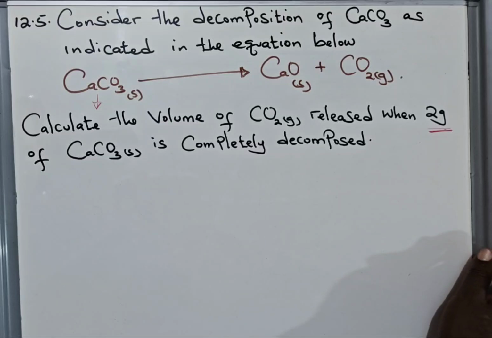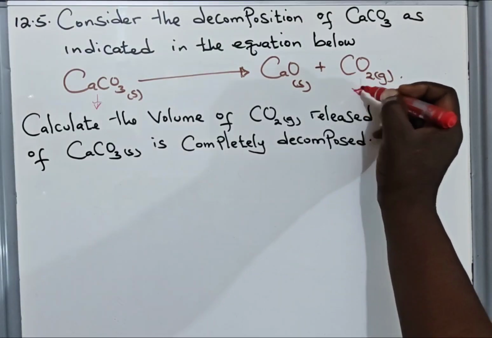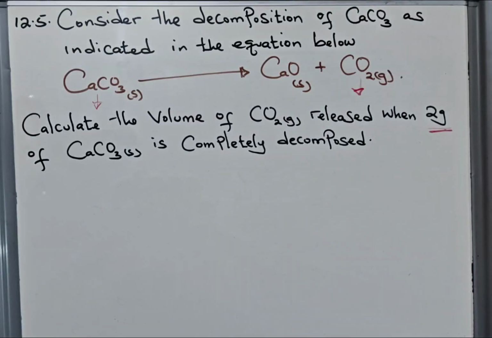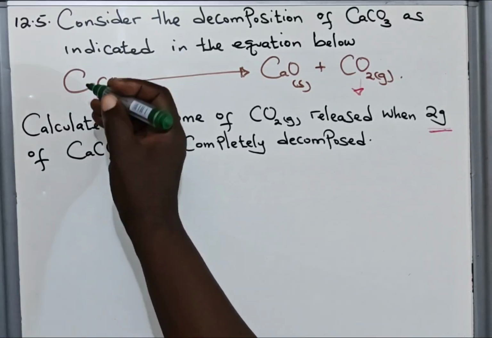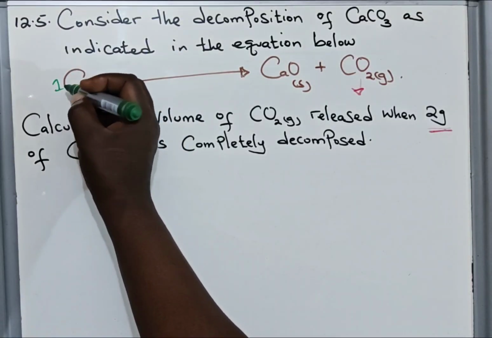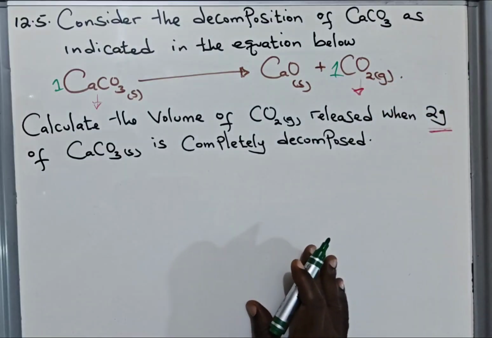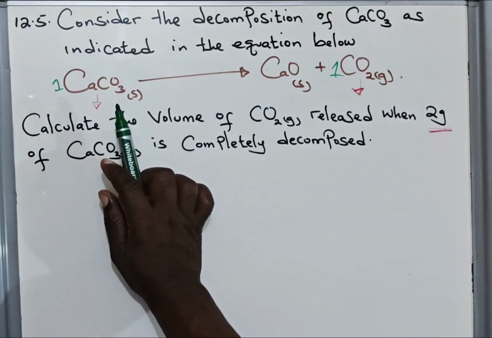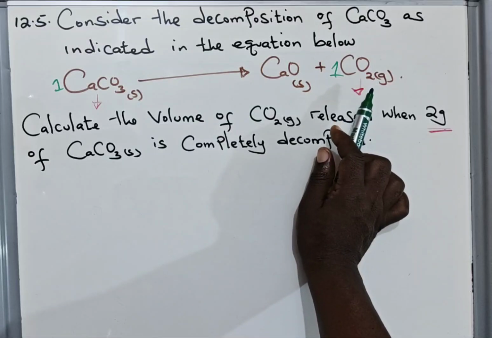And we are looking for carbon dioxide released, so we are going to use this. Our next step is to look for the ratios. The number here is 1 and the number here is 1, implying that 1 mole of calcium carbonate decomposes to give 1 mole of carbon dioxide.